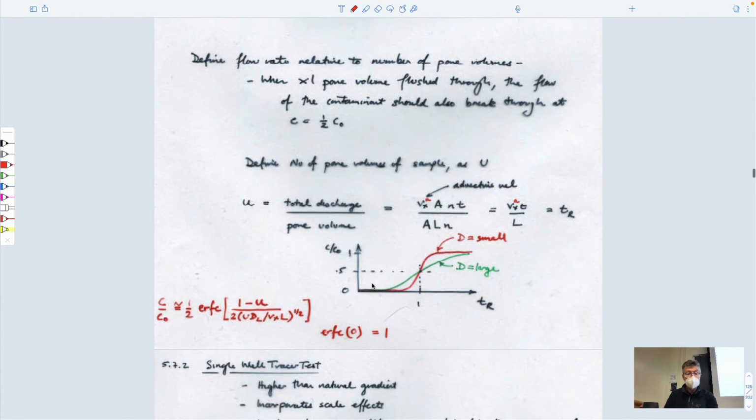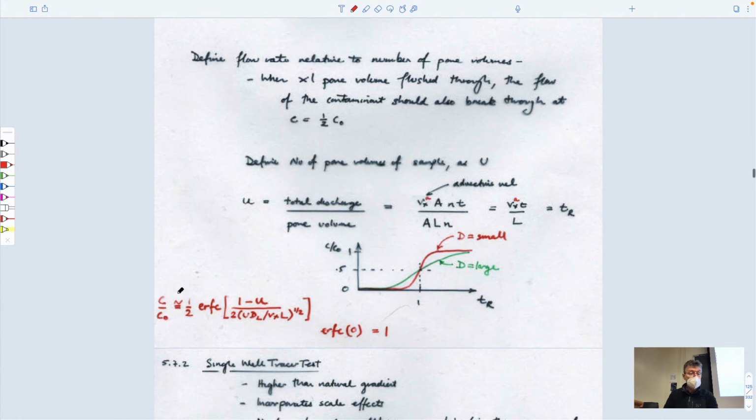So yeah, this is it here. And so the equation that governs that is this term here. U is the number of pore volumes, I think. Yeah, U is equal to TR. And you remember TR is equal to advective velocity times time over the length of the core.